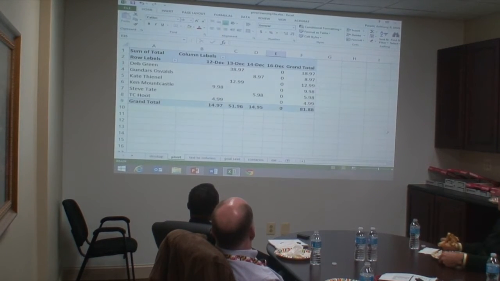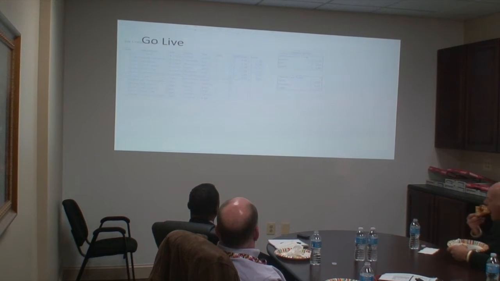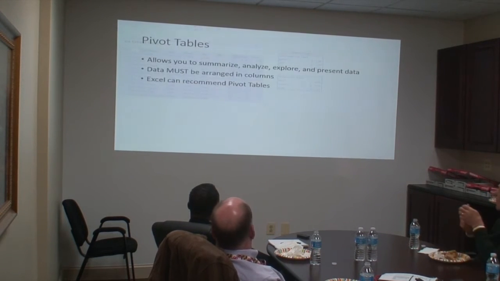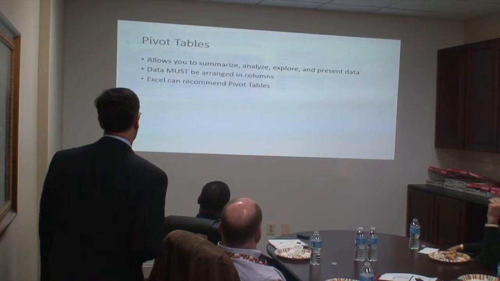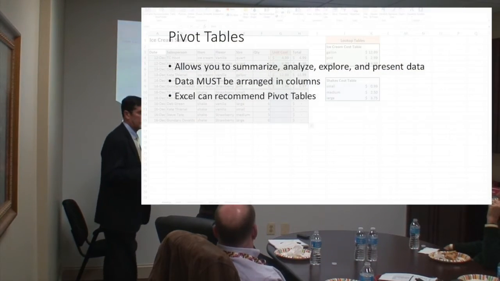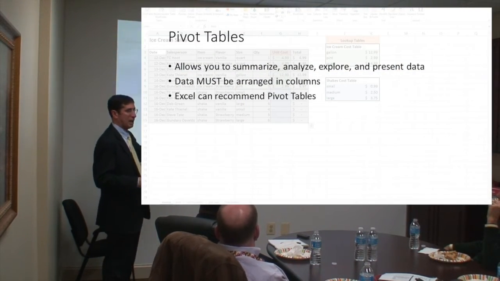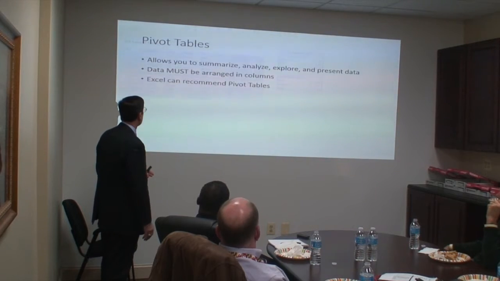All righty. Next up, pivot tables. Pivot tables are simply a way of taking a bunch of data that's in column format and allowing you to twist it and turn it and slice it and dice it a bunch of different ways.